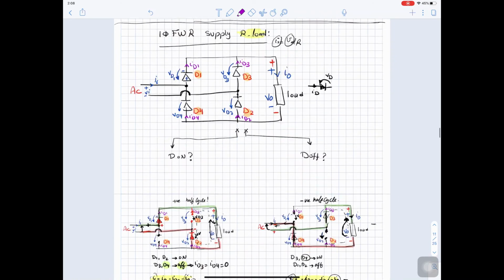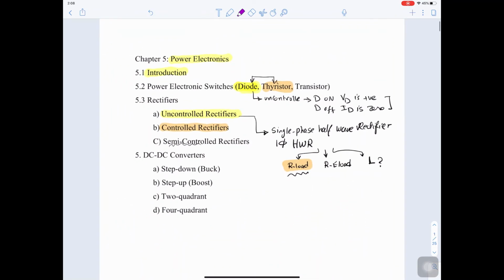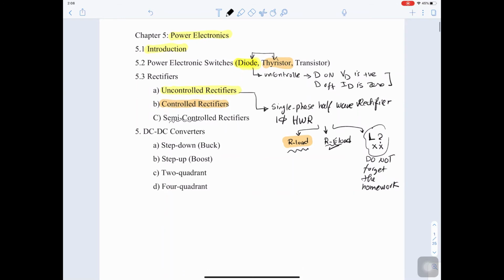Okay. Now let's go back to wrap up. So today we continued with RE load. Okay, we didn't cover the effect of the inductance yet, but don't forget the homework, because this is an introduction for the effect of having an inductance.